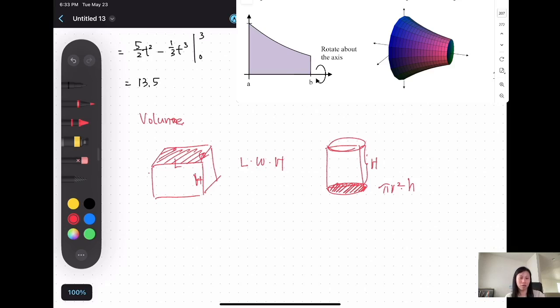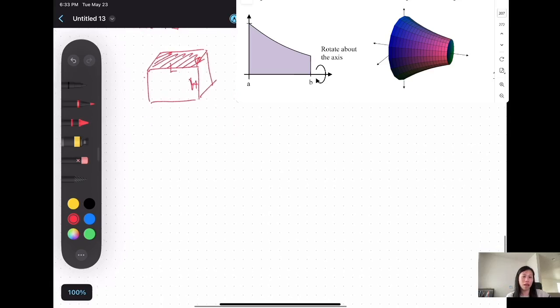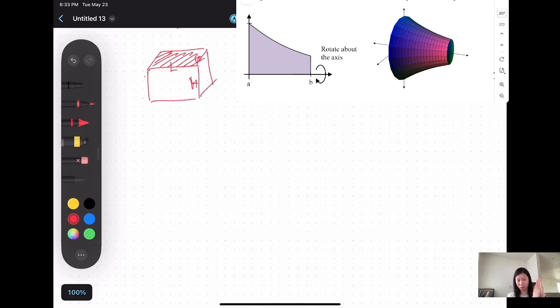So this is the cross section of this shape. Basically you rotate that about the x-axis, then you will get the solid, right? So that means if I get the area of each one and stack them together, then I will get the volume of this solid.